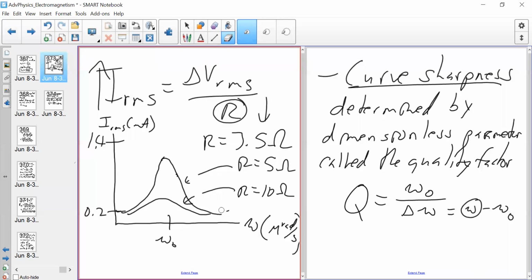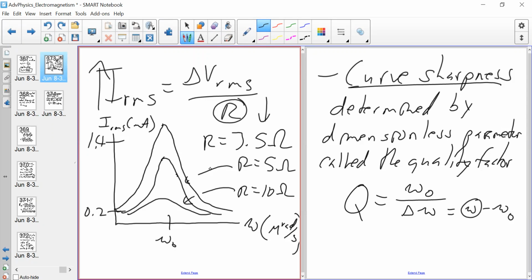Let me give you a visual idea. Yep, art, my forte. Okay. So a little bit sharper. So these less and less sharp.